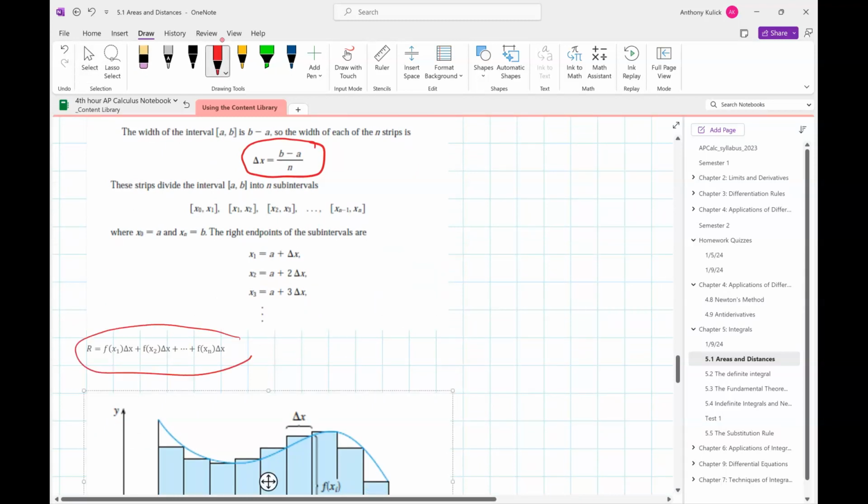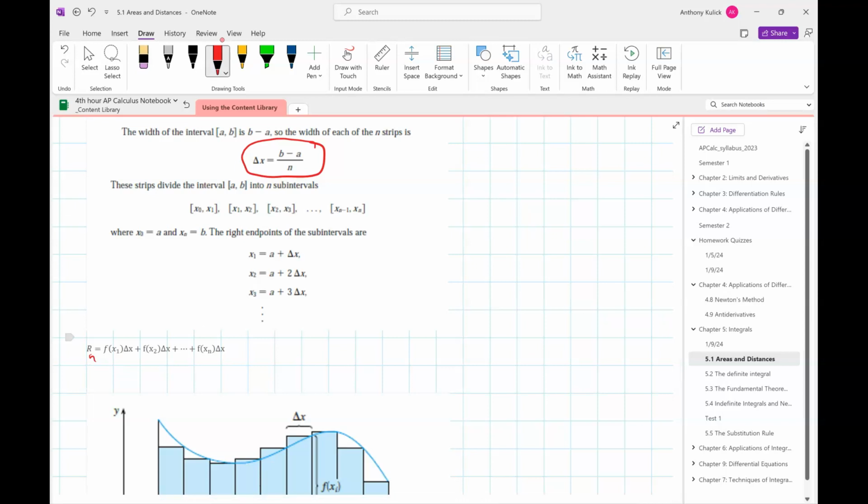So our formula for Rn would just be f of x1 times delta x plus f of x2 times delta x plus f of x3 times delta x all the way out to f of xn times delta x.